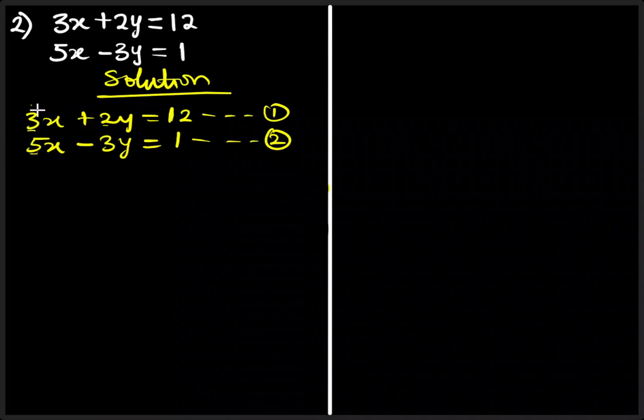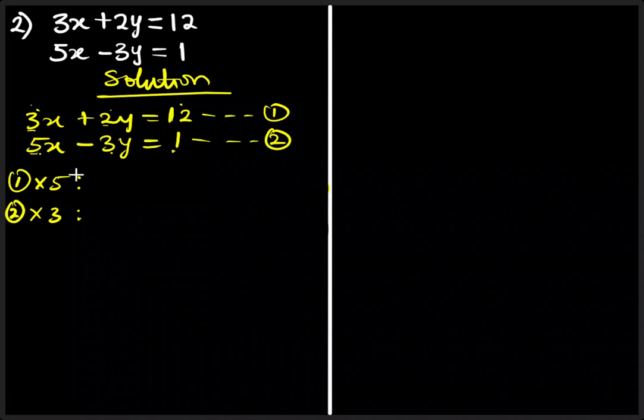If you are multiplying this with 5, you have to multiply this with 5, the whole equation. If you are multiplying this with 3, you have to multiply this with 3 also. That's the principle. So we are going to do equation 1 times 5, and then equation 2 times 3.